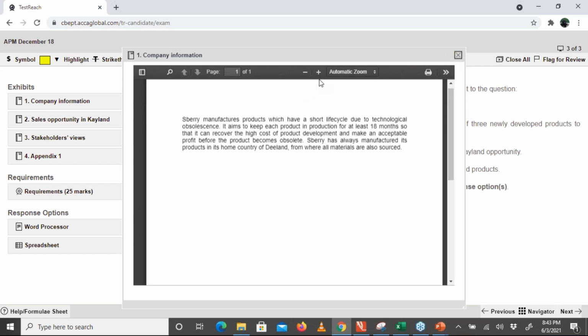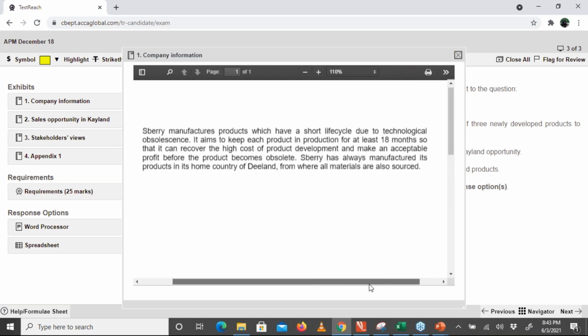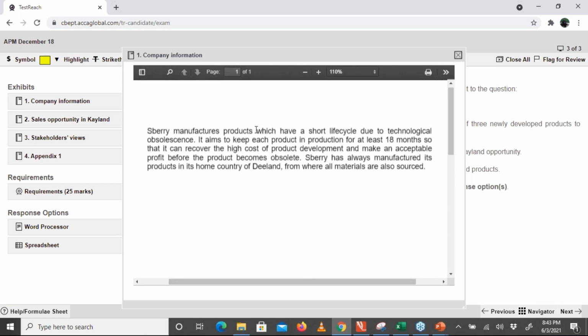Let's talk about the company information. It says Esberry manufactures products which have a short life cycle due to technological obsolescence. So what does Esberry do? Esberry manufactures products which have a short life cycle due to technological obsolescence.